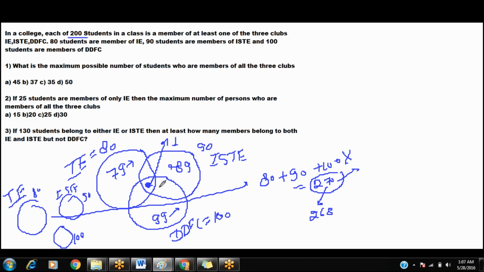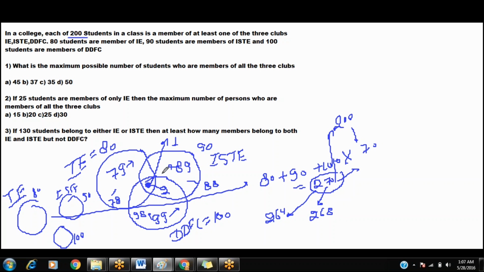Now check another case. If I put 2 here, then this value will become 78, this value will become 88, this value will become 98. So an overall decrement of 4. So this value will become 264, and we want to convert this 270 to 200. So the overall decrement should be 70.